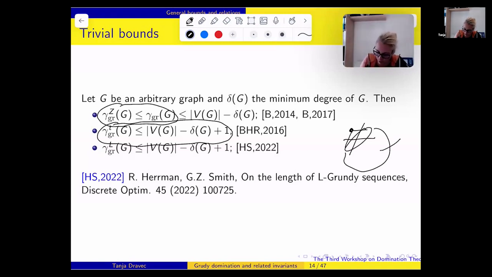So what remains here is order minus minimum degree plus 1 vertices that can still be totally dominated, because this first vertex is not totally dominated again. So that's the reason for this bound. We put the first vertex and then what remains is order minus minimum degree vertices, which can still be totally dominated.